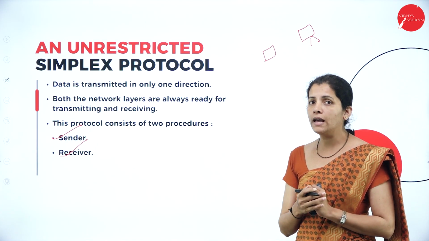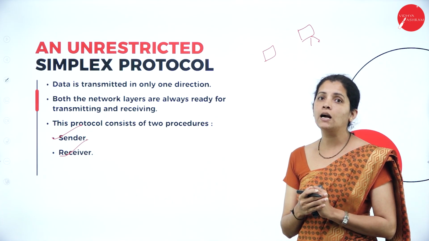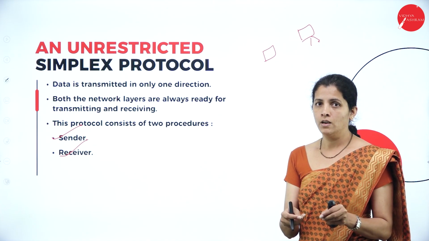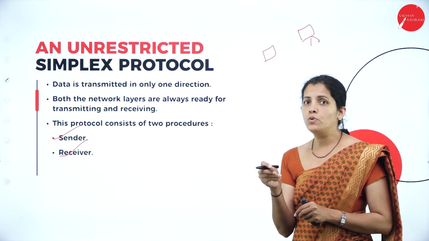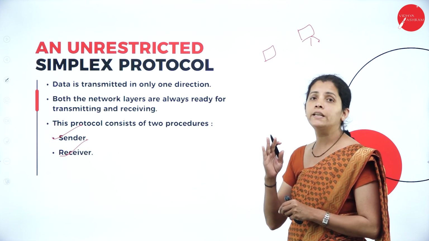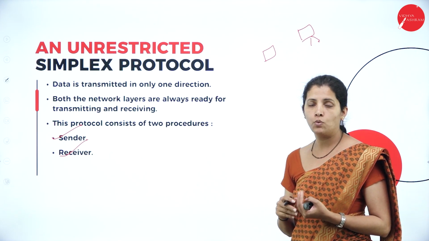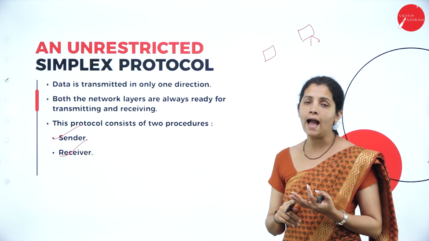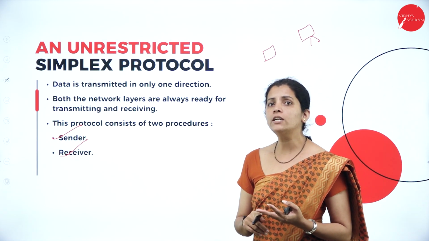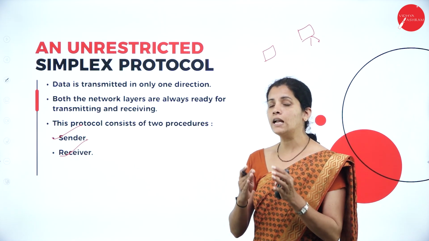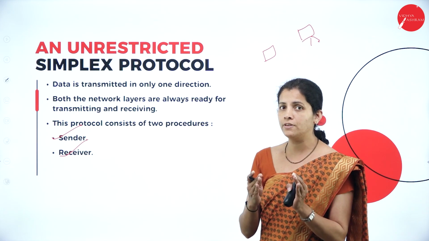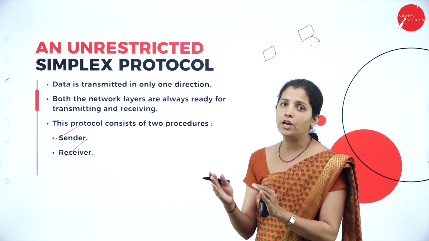Before that, let me consider data communication mode. In data communication mode, we have discussed 3 types of data communication: simplex, half duplex and full duplex. So what is simplex? That is, data is going to transfer in only one direction.